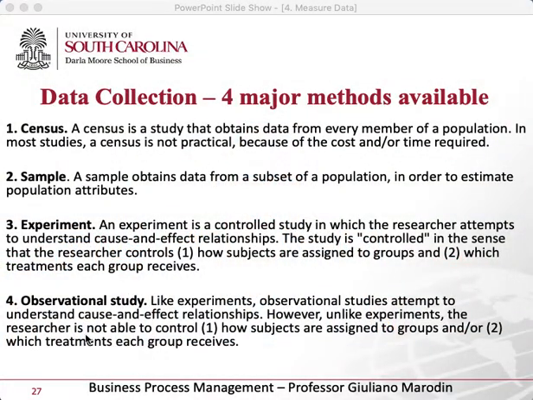Or you can do an observational study, whose intention is to look at cause and effect, or observe the process, where things are not occurring under your control. You cannot decide what's going to happen, but you're still observing, and it's a little looser.